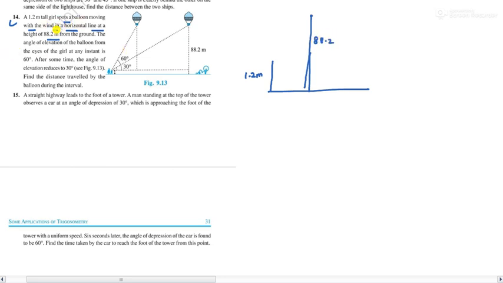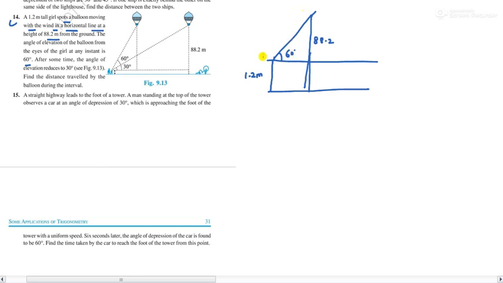Okay, so what happened? The angle of elevation of the balloon from the eyes of the girl at any instant is 60. Okay, so if I draw a horizontal line here, from here this angle is 60 degrees.